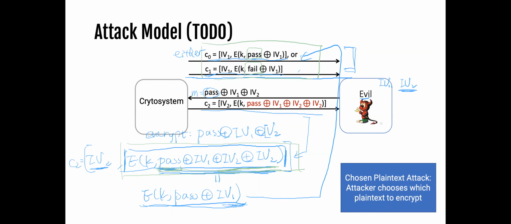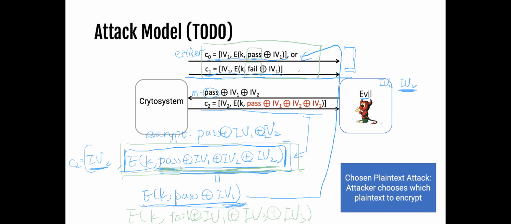So it could be one of these, and the other can be E of K, say fail, XOR IV1, XOR IV3. So this is really dependent on Evil knowing that the message could only be one of two options. Exactly. Okay. Yes.